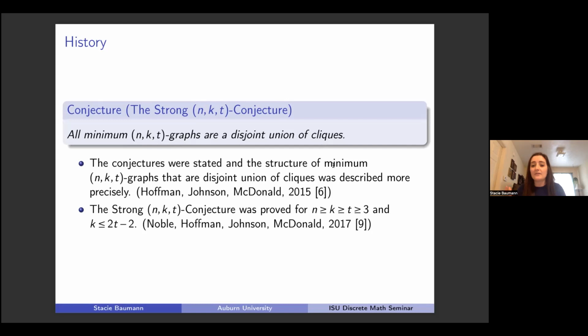So they said, if the conjecture is true, then these graphs have this structure. And then in 2017, the same group plus Noble proved the strong conjecture for k less than or equal to 2t minus 2. And I'll say we use a different method than them. Their method was restricted to those small cases of k.